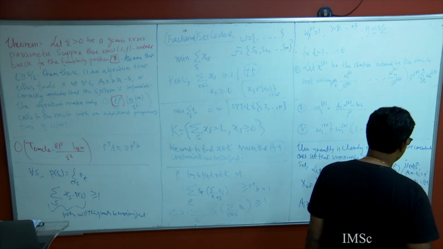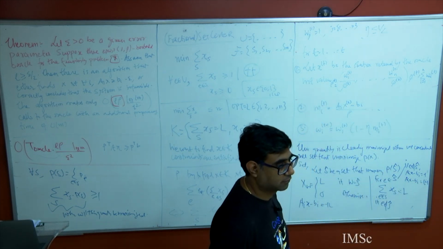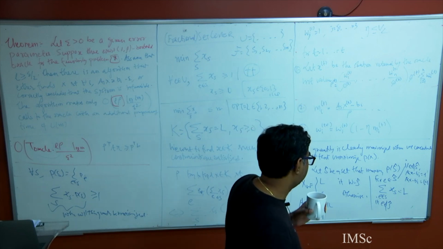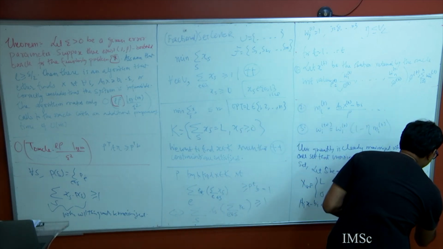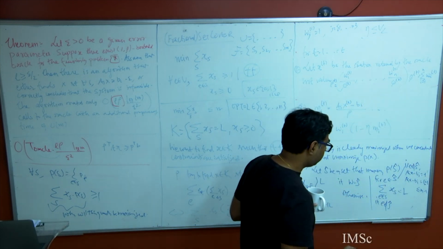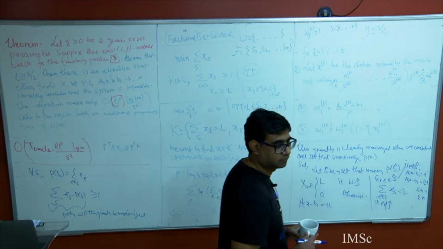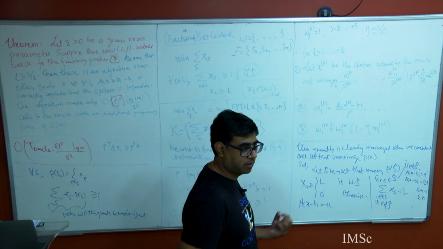I can clearly say this is less than or equal to n minus 1, which is less than or equal to n. So clearly it's an n-bounded oracle.